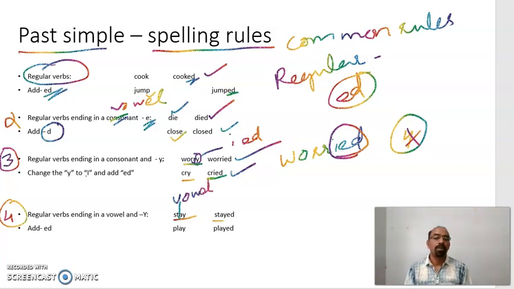So we make its past form simply by adding ed. Stay, stayed. Play, played. These are the 4 rules with regular verbs.